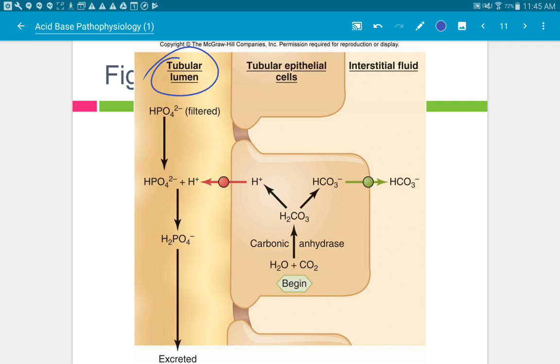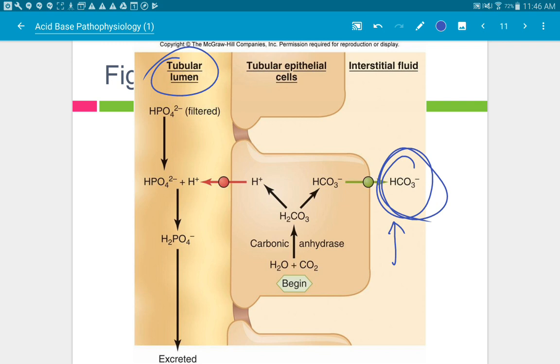Basically your kidney nephron is trying to keep things in that fluid that it wants to get rid of, and then reabsorb back into your bloodstream the things it wants to keep, if that makes sense, like the glucose and many of the ions and all that stuff are reabsorbed. Well, your kidneys can actually change your pH because they can produce bicarbonate in order to help get rid of basically acid.